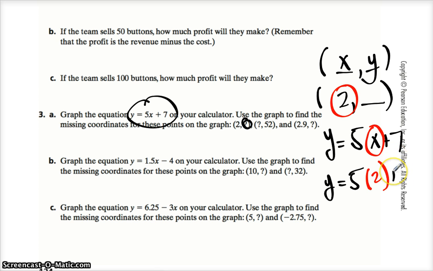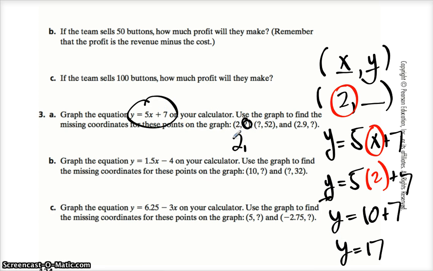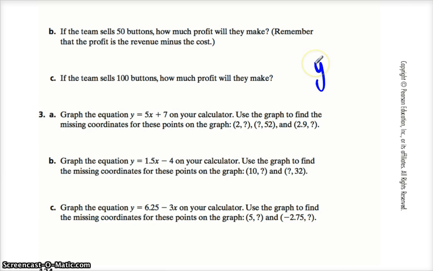And then what will I end up with? I'll end up with my y value. Y equals 10 plus 7. Y equals 17. This now becomes 2 comma 17 because that's this number. Good?